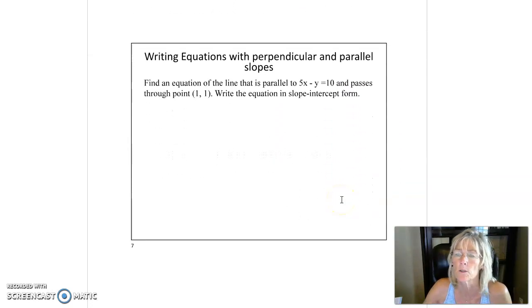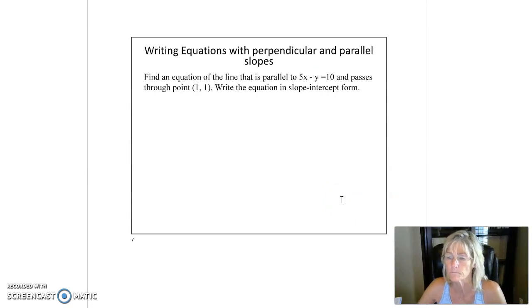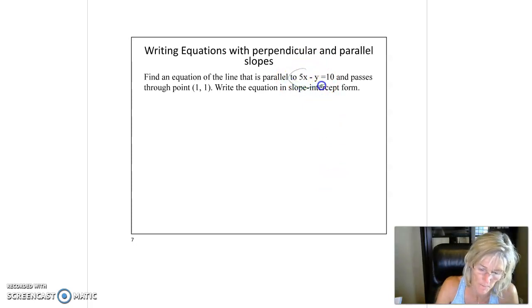So let's look at what we just did with the point slope. And let's look at finding a line that is parallel to this line, but that line passes through point 1, 1. Well, what is first the slope of this line?